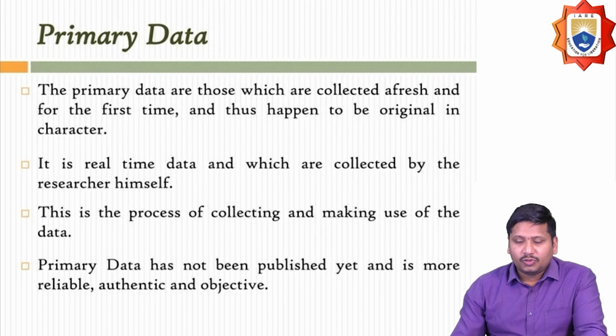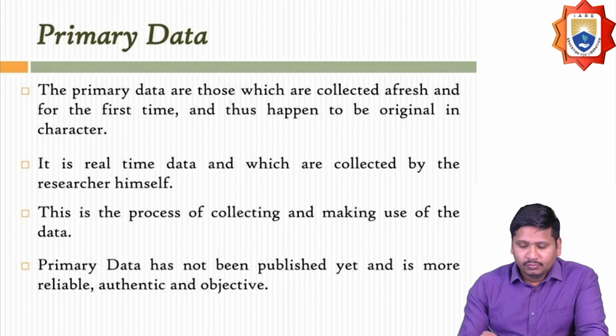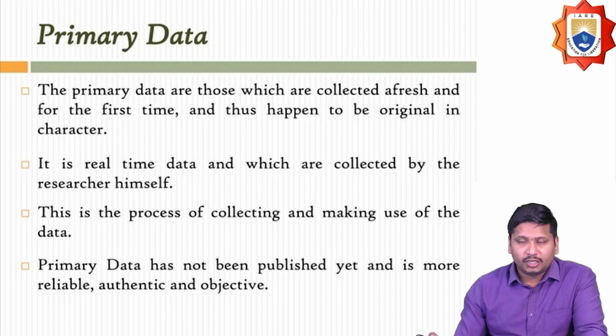That kind of data is treated as primary data. This process of collecting and making use of data is what we call primary, and primary data has not been published, and it should be more reliable, authentic, and objective.